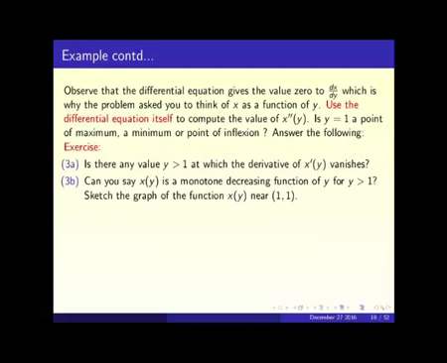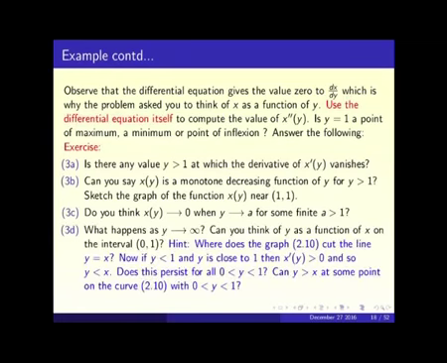Sketch the graph of the function x of y near the point (1, 1). Do you think x of y would tend to 0 as y tends to a for some positive a bigger than 1? What happens as y goes to infinity? So these are the natural questions that you discuss when you want to do curve sketching.